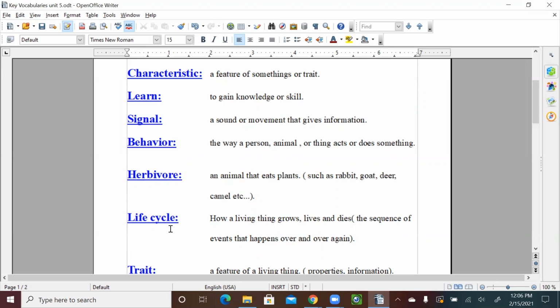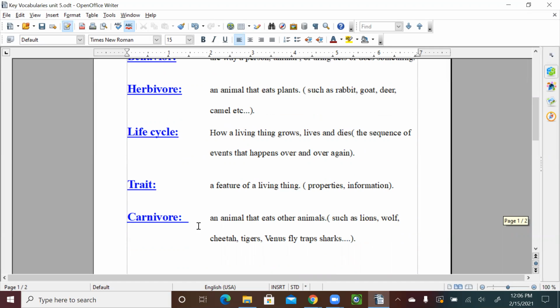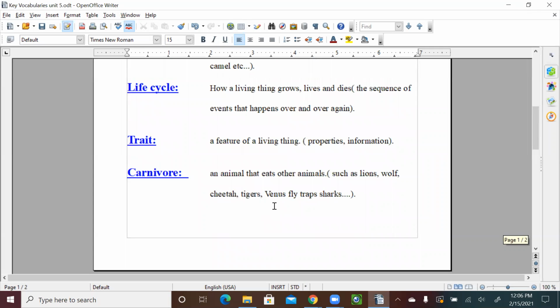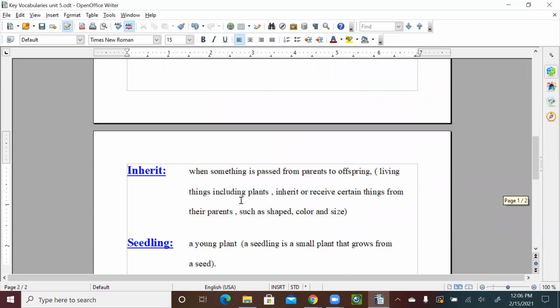And then you get the seeds again, and then you plant the seed, and again it starts the same life cycle. Trait, a feature of a living thing, like information or properties. Carnivore, an animal that eats other animals, such as lion, wolves, cheetahs, Venus flytraps, sharks. Inherit, when something is passed from parents to offspring.